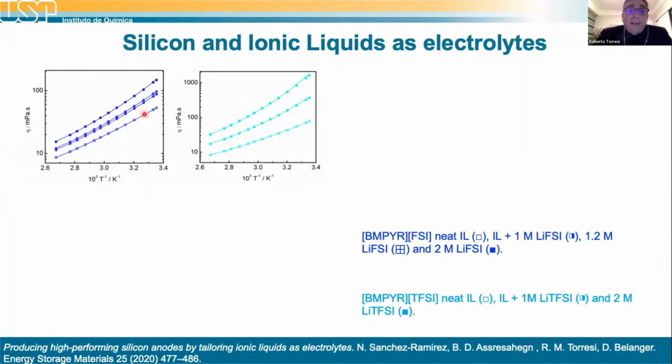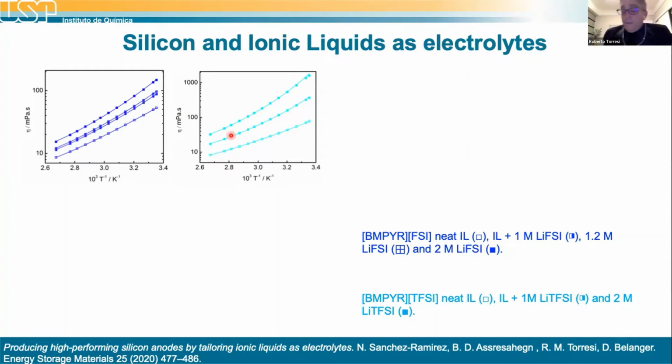The other important characteristic of the ionic liquid is that when you change the concentration of salt, you have an increase of viscosity, because you change the structure of the ionic liquid. It's like a compaction of the ionic liquid.